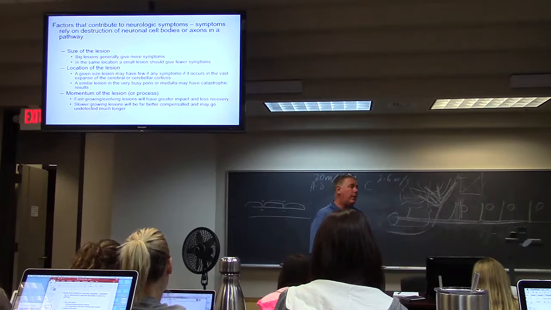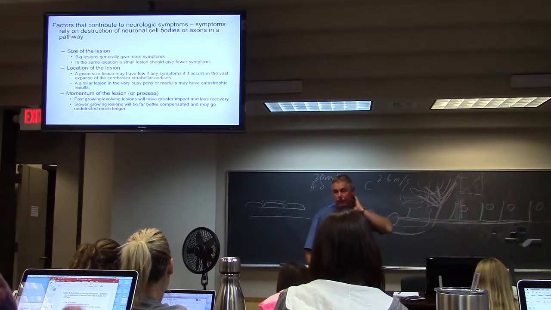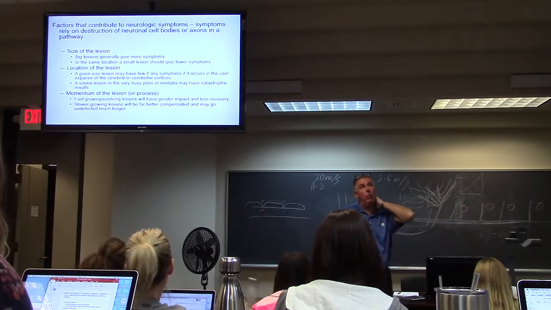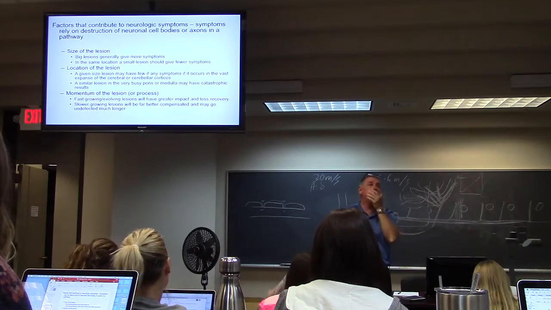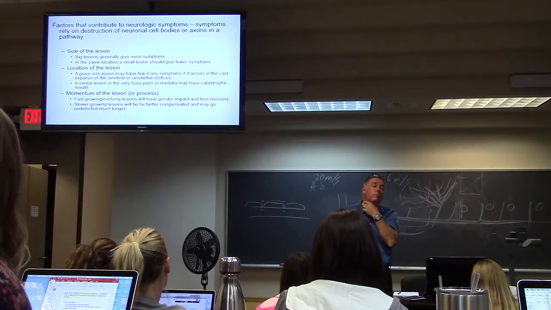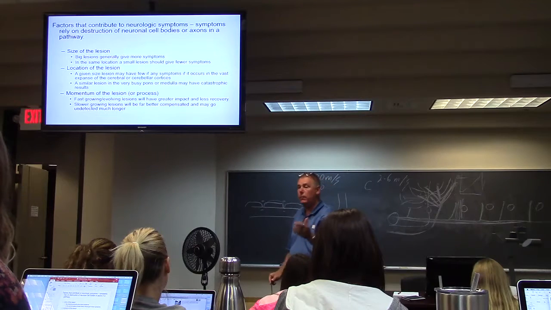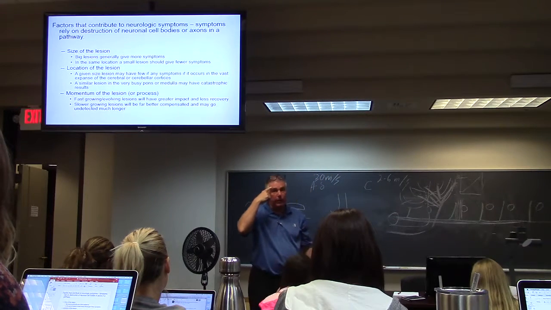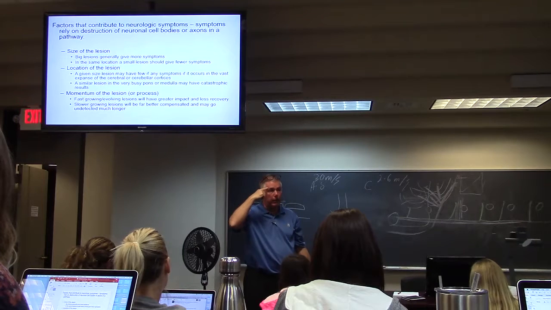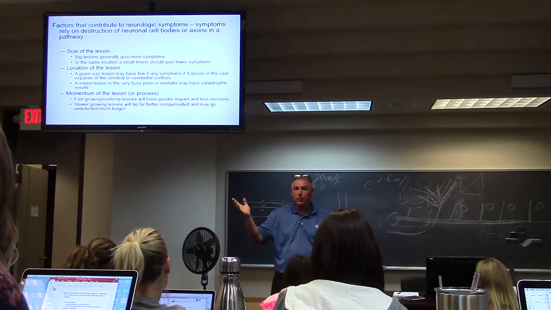Okay, so when you're talking about lesions of the nervous system, there are several factors you have to keep in mind. One is the size of the lesion. You can have a tumor in the anterior fossa of the skull the size of a tennis ball, and you don't even know it.